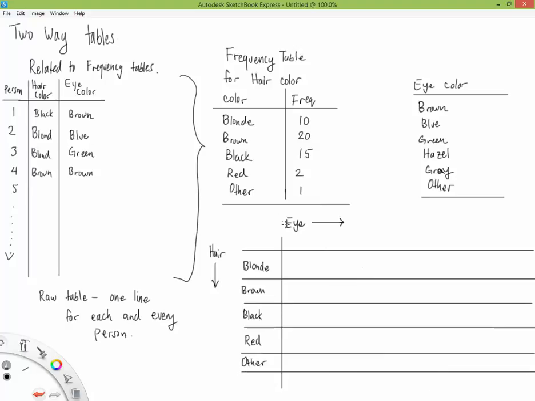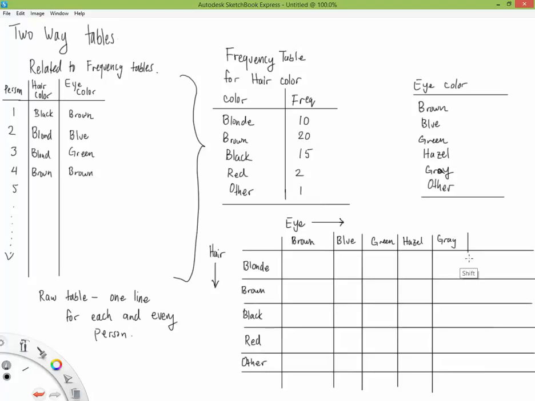And then for the columns, we're going to have brown eyes, blue eyes, green eyes, hazel, gray, and other.